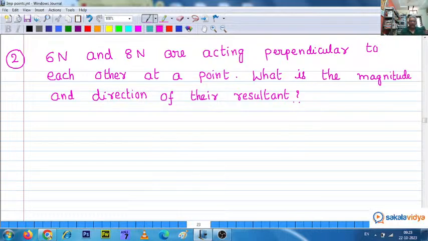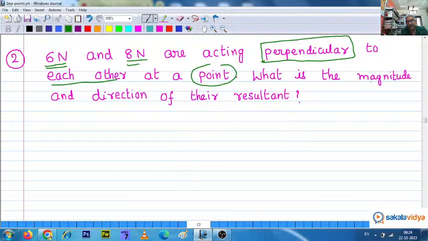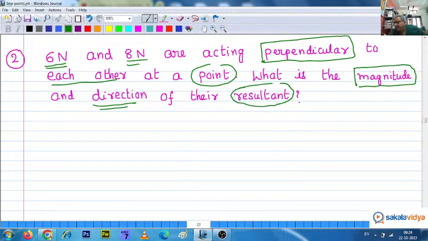So my dear students, once again read the question carefully. 6 newtons and 8 newtons are acting perpendicular to each other at a point. What is the magnitude and direction of their resultant? We need to find out. So what is given actually here? The two forces are given.